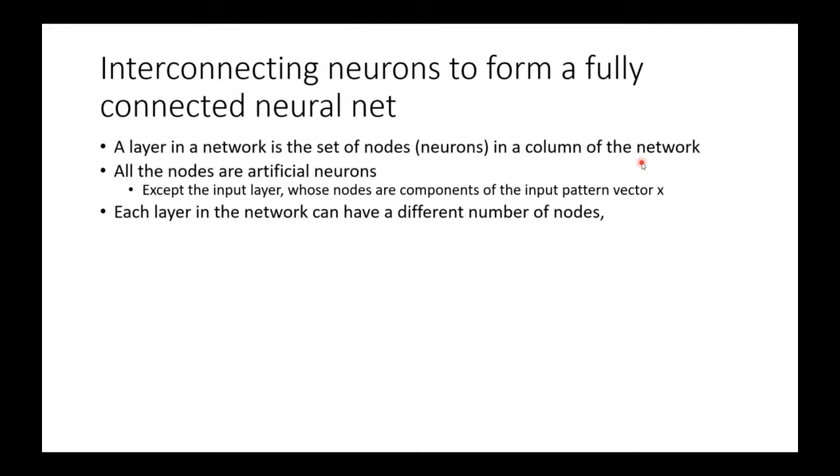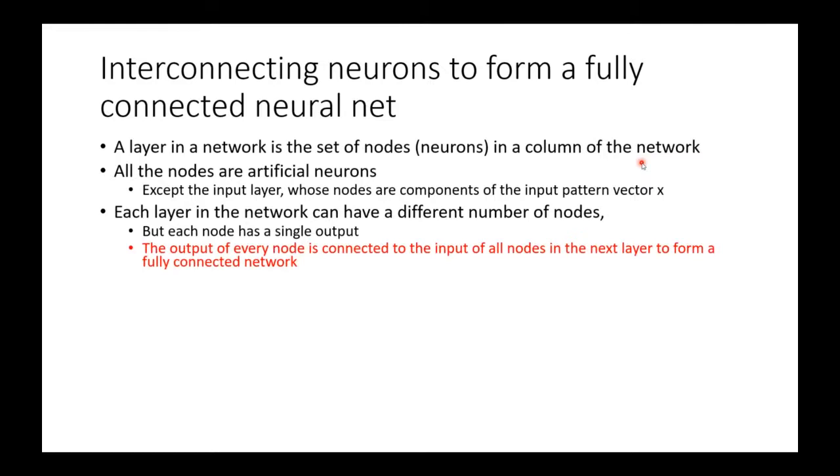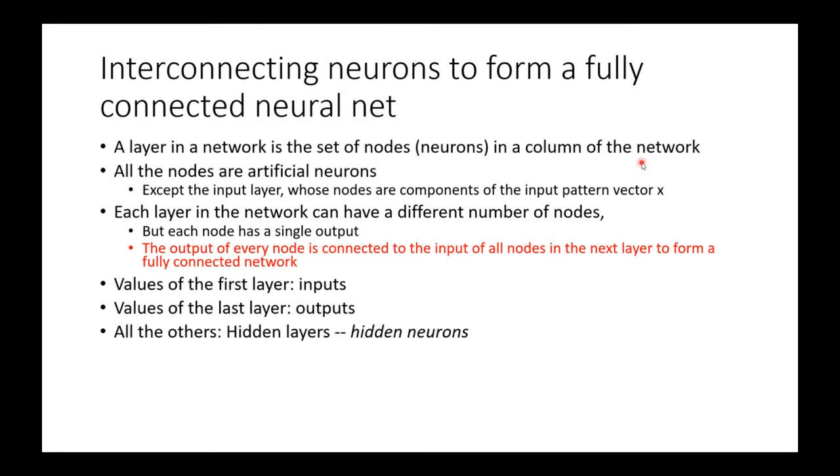Each layer in the network can have a different number of nodes, but each node has a single output. And the output of every node is connected to the inputs of all nodes in the next layer to form a fully connected network. The values of the first layer are the inputs. The values of the last layer are the outputs. All the other layers are called hidden layers, and the neurons in these hidden layers are called hidden neurons.